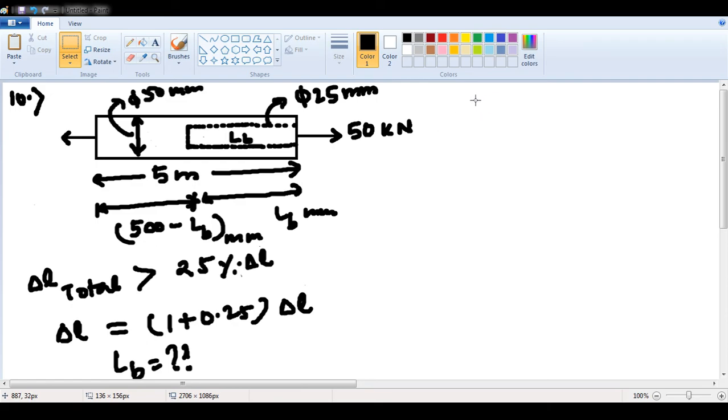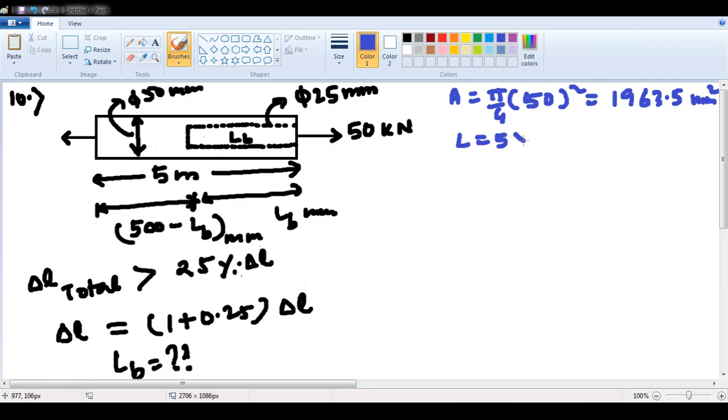Area we know: pi by 4 d square, with d as 50 mm, so the area is 1963.5 mm square. Then L is 5 into 1000, that is 5 meters, so 5000 mm.